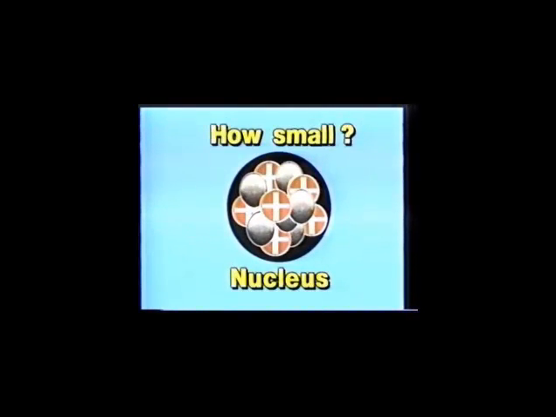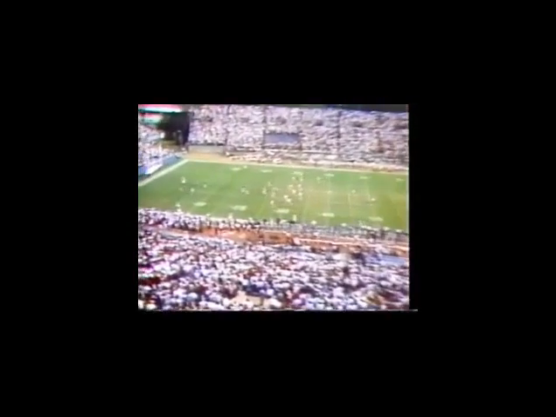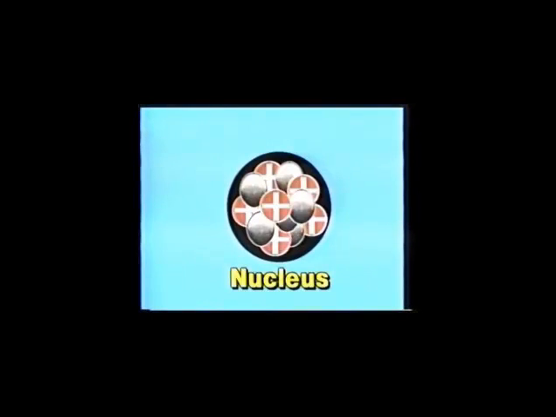How small? Chemists suggest that to imagine the size of a tiny nucleus in an atom, we think of a marble in a large football stadium, like the one we see here. In turn, an atom's very tiny nucleus contains two major particles, a proton and a neutron.